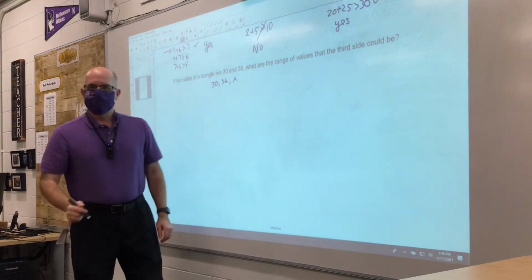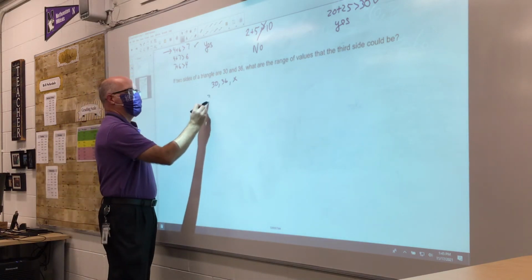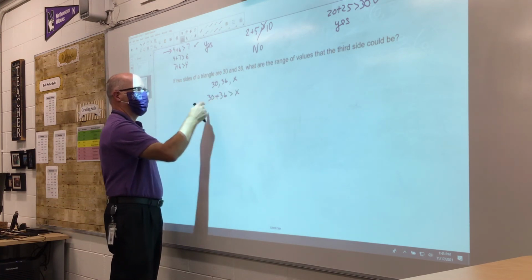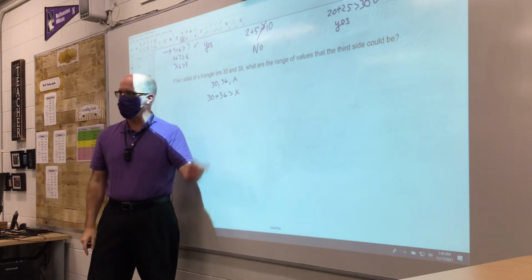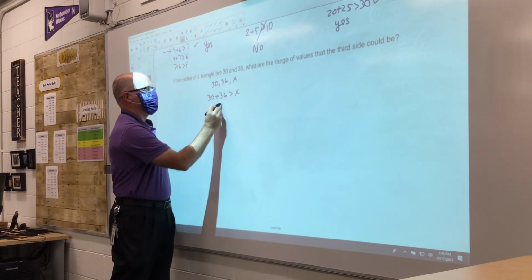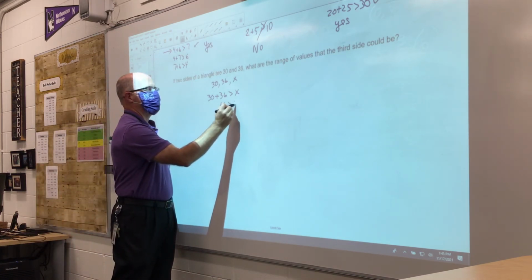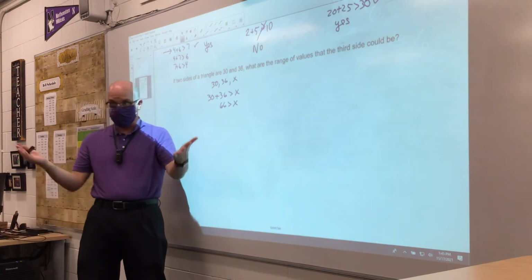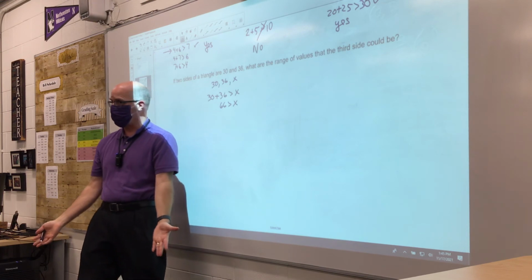Our theorem tells us that 30 plus 36 has to be greater than x. You add up two sides, it's got to be greater than the third. So 66 has to be greater than x, or x is less than 66. It's got to be smaller than 66, otherwise it wouldn't fit.